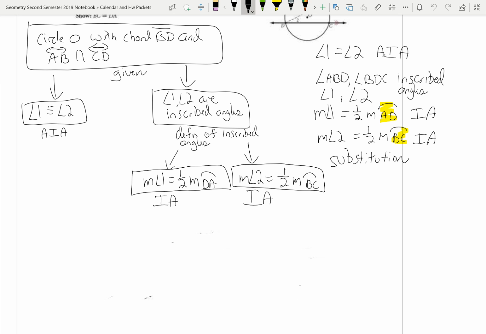All right. Let's go ahead and do some substitution now. I'm going to say that we can substitute in angle 2 for angle 1. So the measure of angle 2 is equal to 1/2 the measure of arc DA, and that's because of these two boxes, and that is substitution.